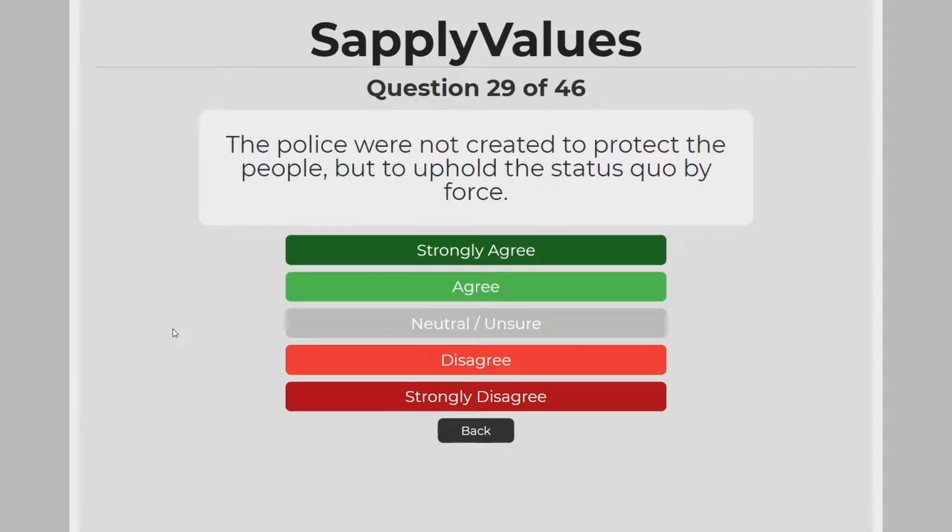I think they were literally created to protect the people. So I would disagree with this. Maybe even strongly disagree. Yeah, I would strongly disagree. I really think police were created, not just in the United States, but also in other countries, to protect the people. So I disagree with this.